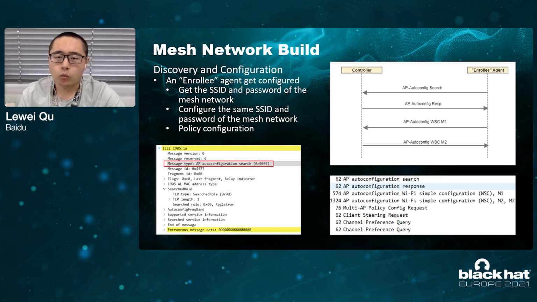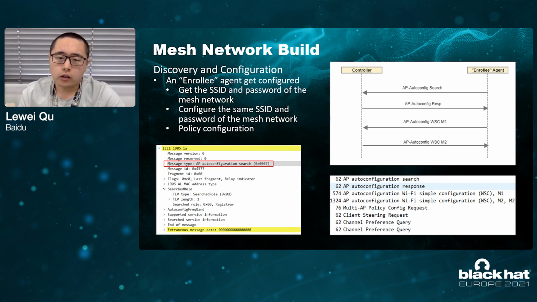The type of the 1905 packet is AP auto configuration search. If there is a controller existing in the mesh network, the controller will respond with an AP auto configuration response to the enrollee device. So the enrollee device finds the controller successfully and the progress of discovery finishes.